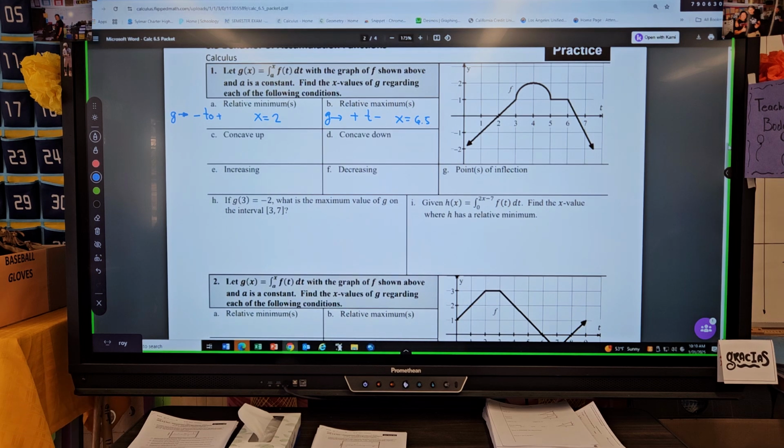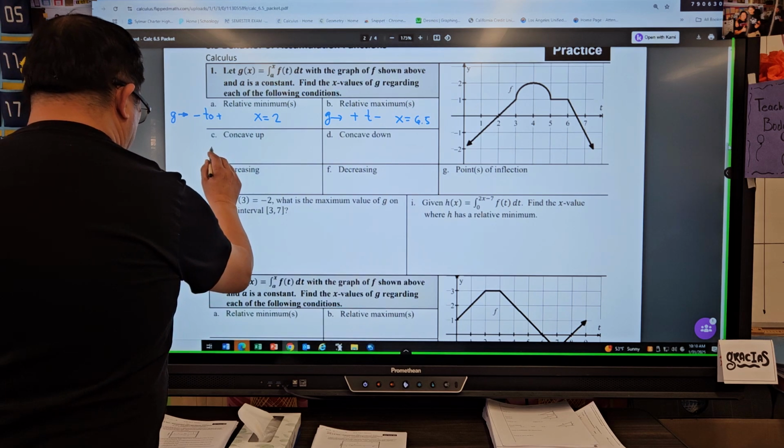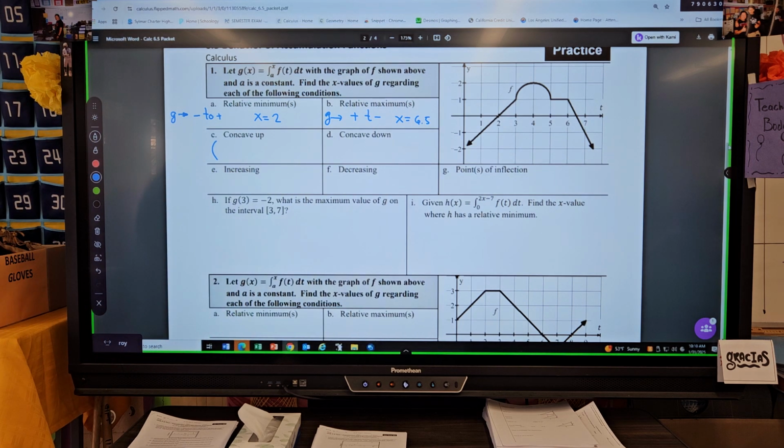In this case, it's g double prime. So where do you think concavity up? I don't think there's any. Sure? 3 to 4, and then 4 to 5 is going to be down.